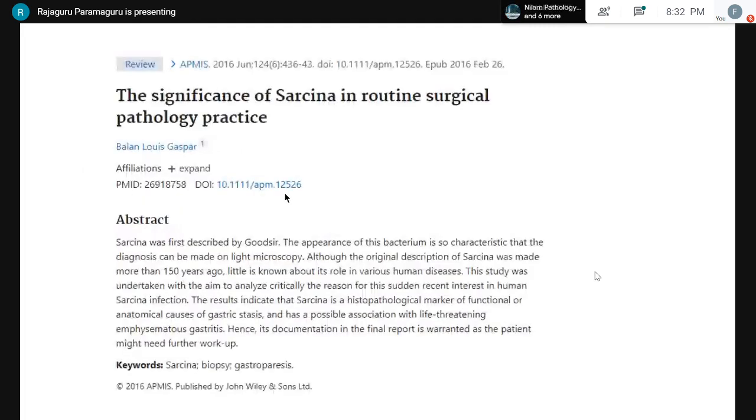This was an article published by one of my friends, Dr. Balan. He has the same opinion, that the presence of these organisms has to be documented, as the patient might need further workup, and there is also a possible association with emphysematous gastritis. Hence, it has to be reported in routine reporting.